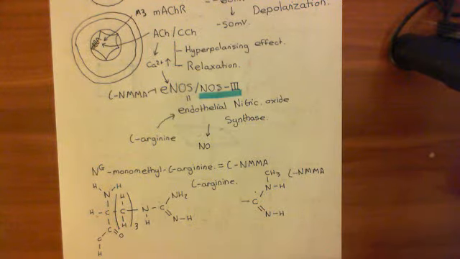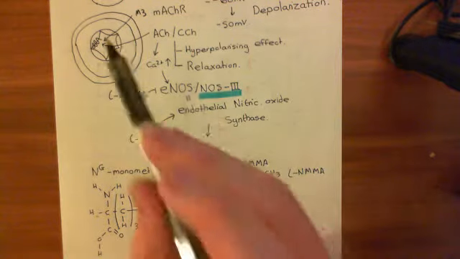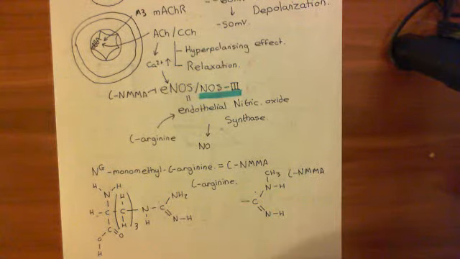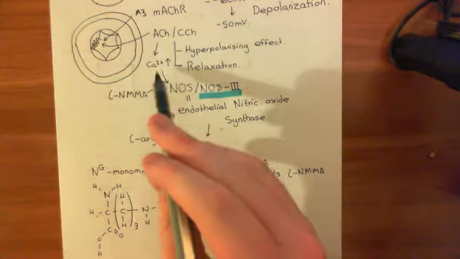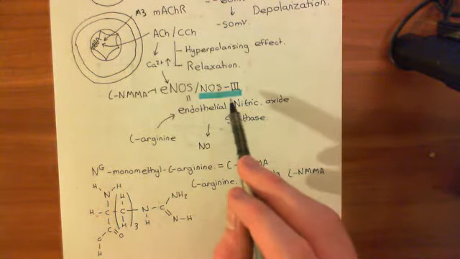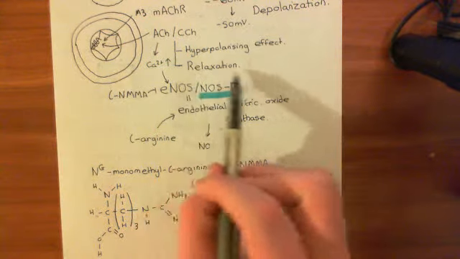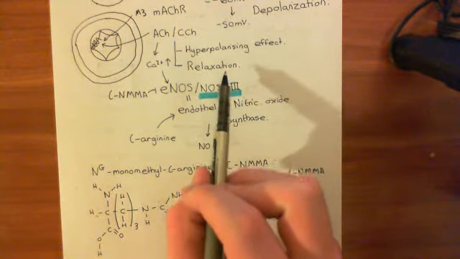Okay, so when we inhibit the production of eNOS and then try this experiment again, i.e. we stimulate with acetylcholine or carbachol, then again the calcium goes up, but now eNOS won't be activated, so you won't produce nitric oxide. Then what we'd expect to see is the relaxation gone.